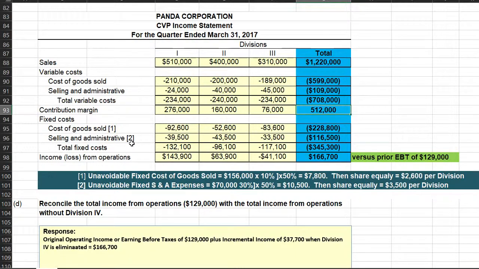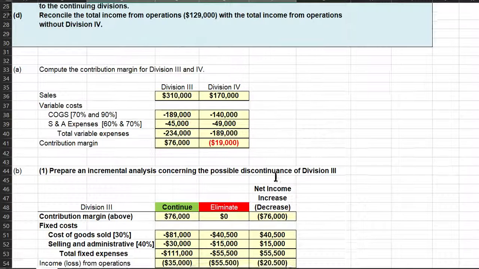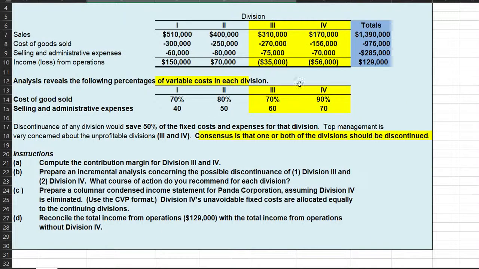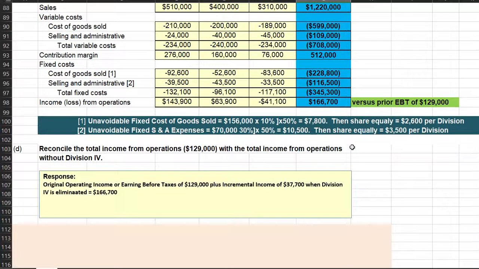We then subtract the fixed cost for cost of goods sold and the fixed cost for selling and administrative expenses. And down here I show you how we arrived at those numbers. Recall, for example, that Division 4 had cost of goods sold of $156,000.